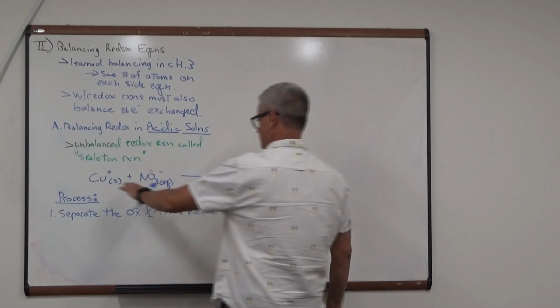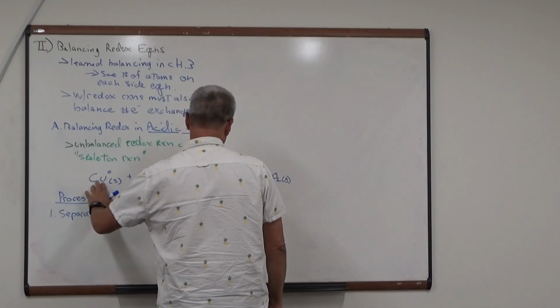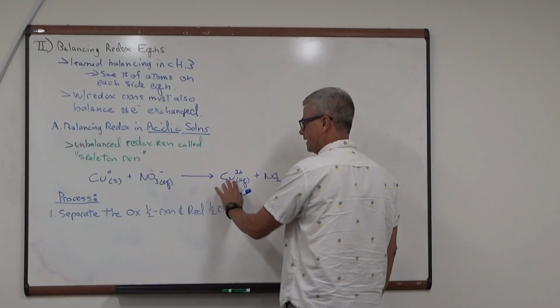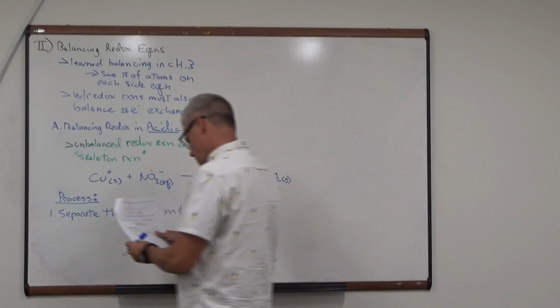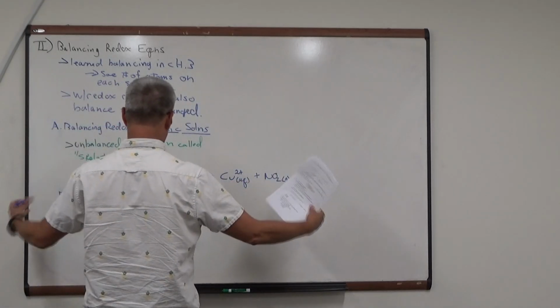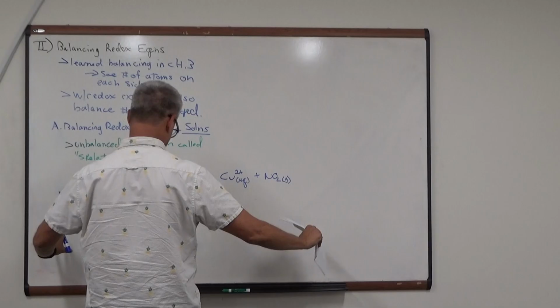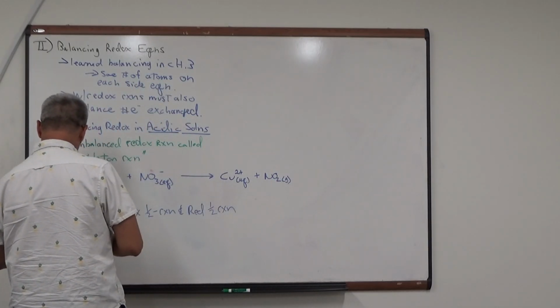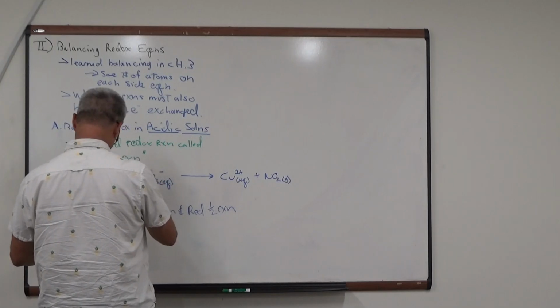We know this is the oxidation process because this is losing electrons to form that. All right, and then we'll separate both reactions and deal with them separately, and then we bring them back together.